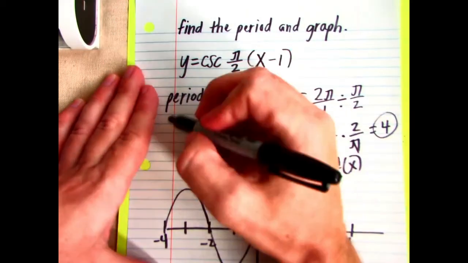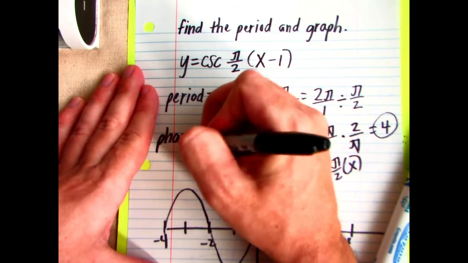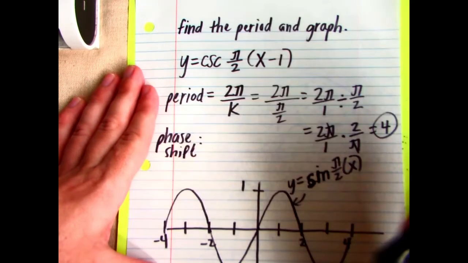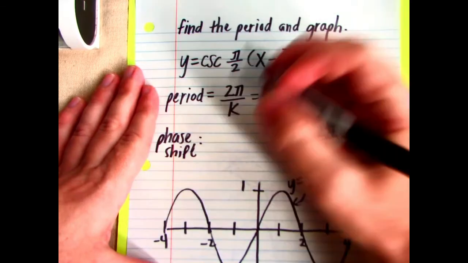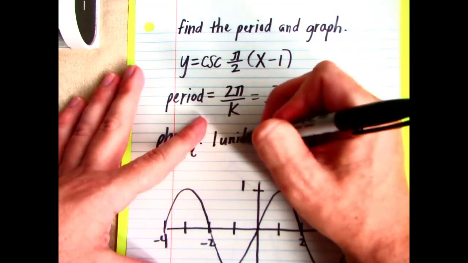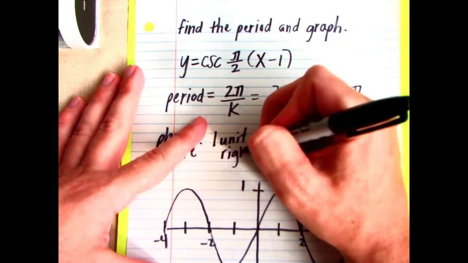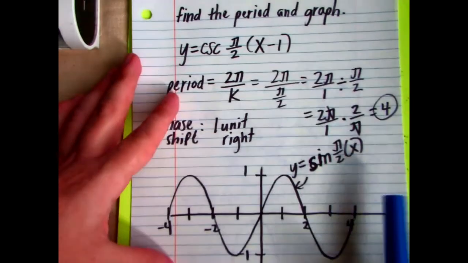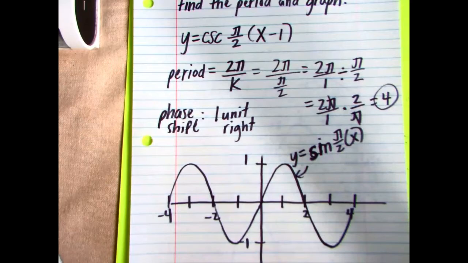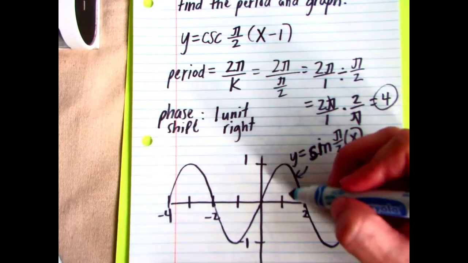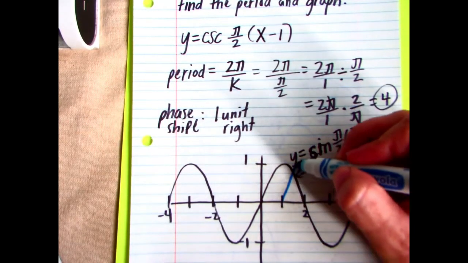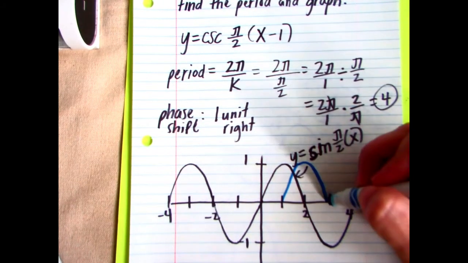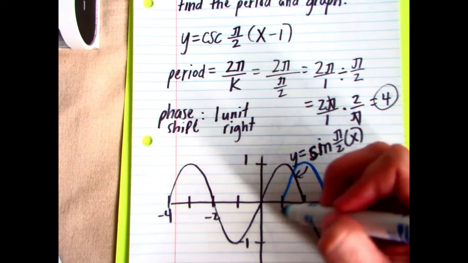So now I'm going to implement the phase shift. The phase shift is 1 unit to the right. And you'll notice that the phase shift of 1 unit agrees with the fact that we're counting numbers on the x-axis. So I'm going to move 1 unit right, and that graph's going in blue.